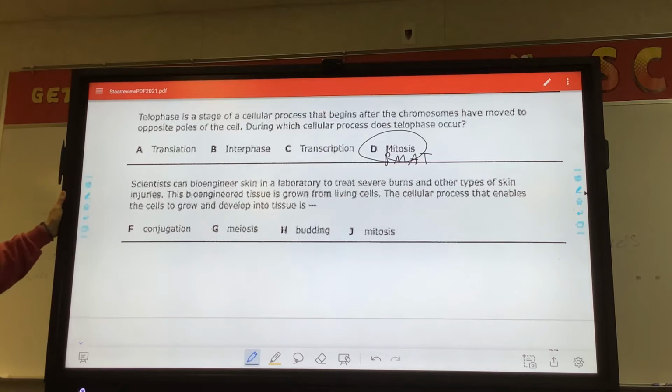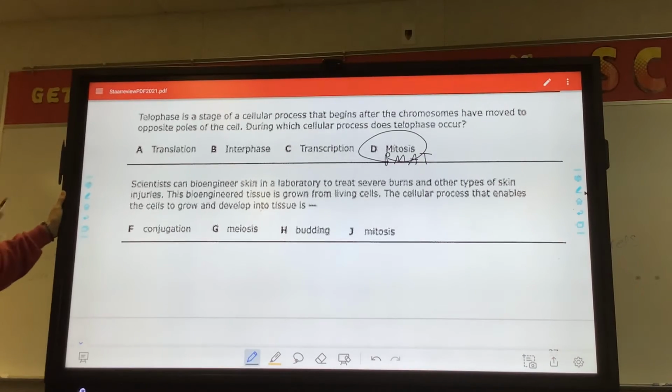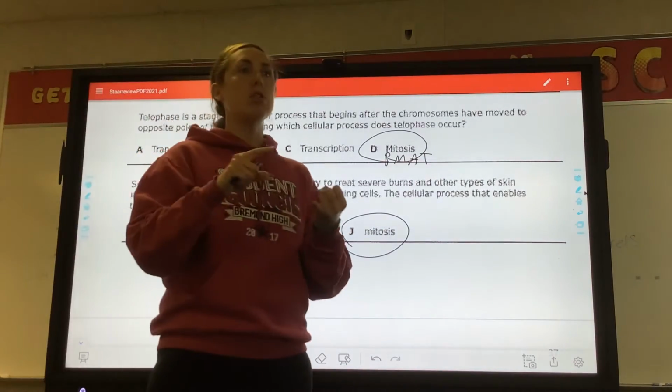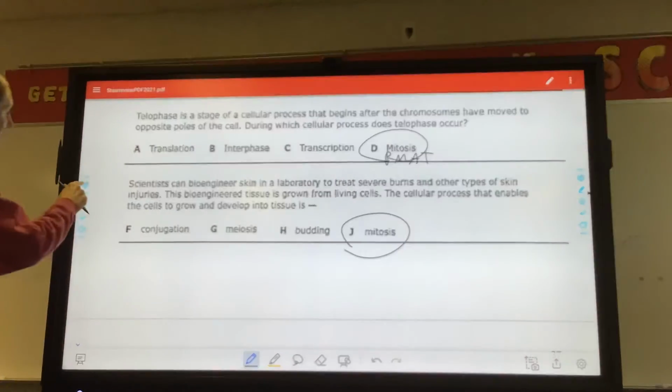Is skin a sex cell or a body cell? Body. Okay, good. Keep that in mind. To treat severe burns and other types of skin injuries, this bioengineered tissue is grown from living cells. The cellular process that enables the cells to grow is mitosis. Remember how I said in the beginning of the video? You have to use mitosis to grow and to heal, like to regenerate.